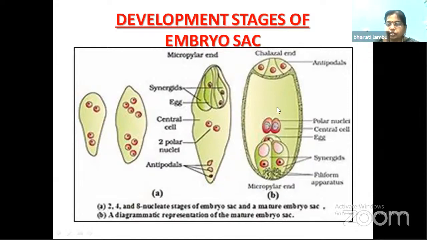Now, how many nuclei are present? 1, 2, 3, 4, 5, 6, 7, 8. 8 nuclei are present. Now, how many cells are present? You can count 1, 2, 3, 4, 5, 6, and this large cell, 7.